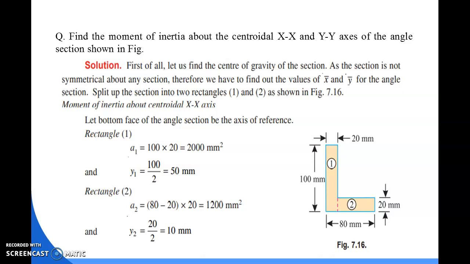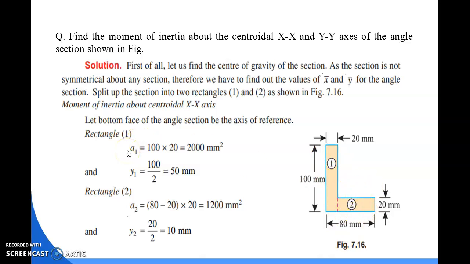According to the procedure, first of all we need to divide the whole section into many parts. So this section will be divided into two parts. This is section 1 and this is section 2.